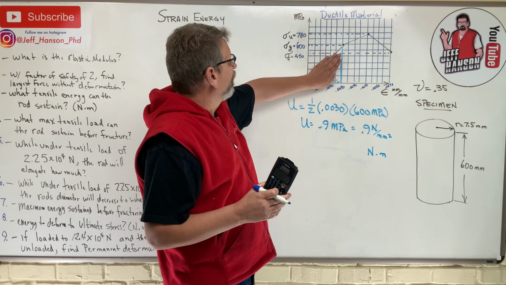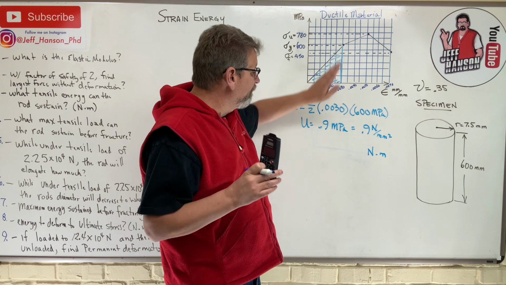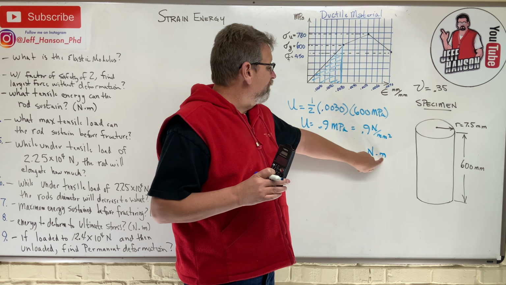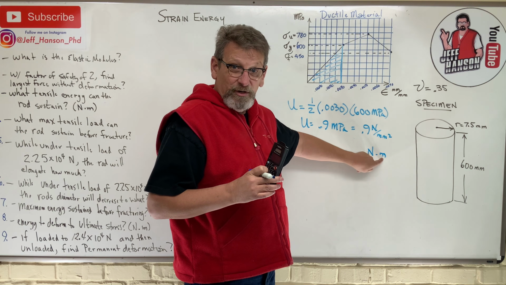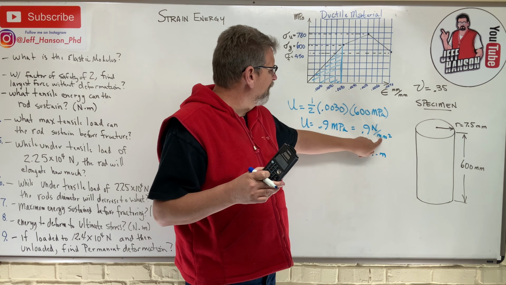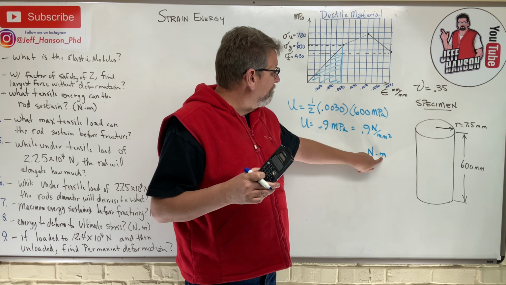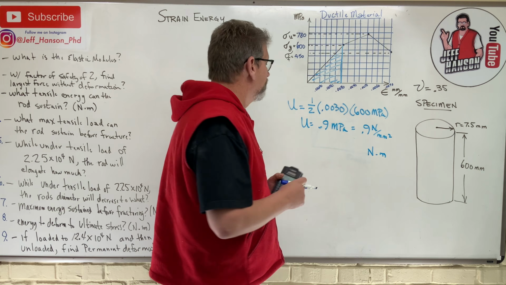Because we're in this elastic region here, so no deformation. We want that in Newton meters. That's a typical unit of work or energy. Okay, so this is in millimeters. So number one, how do I get that into meters squared? Oh, that's pretty easy, isn't it?